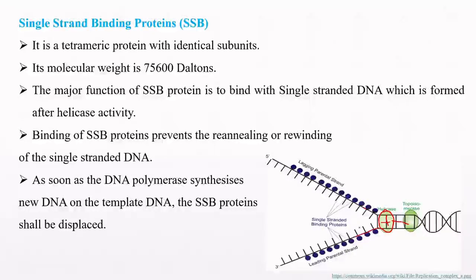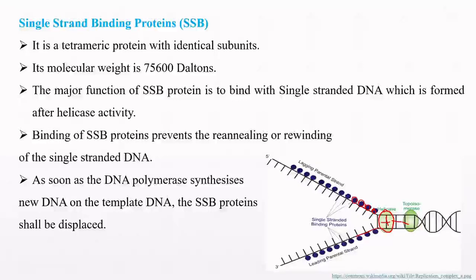Single-stranded DNA has a natural property of pairing with each other. That is, it has complementarity, so it will instantly reanneal or rewind itself. To prevent the rewinding of the single-stranded DNA, SSB proteins come and bind to it. They prevent this reannealing or rewinding of the single-stranded DNA.